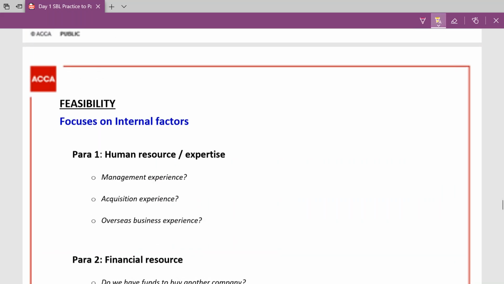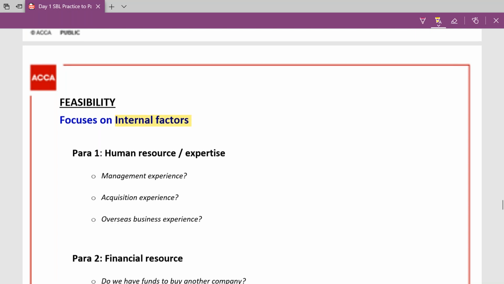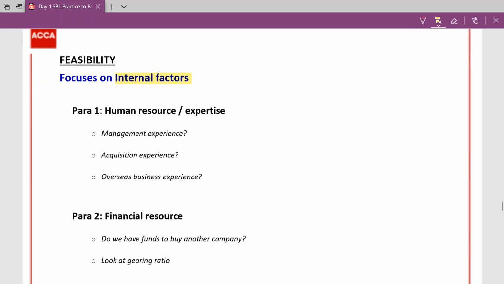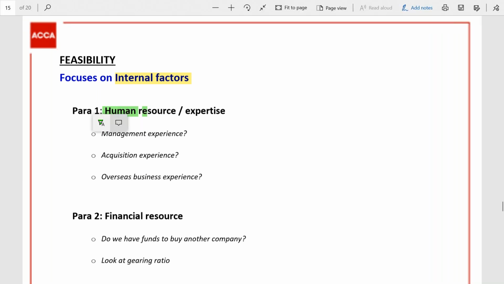Feasibility talks about internal factors. Suitability talked about external factors, and feasibility talks about internal factors. Do you remember the four things we need to touch upon? What are the four pillars of internal factors? Human resource, financial resource, IT, brand.